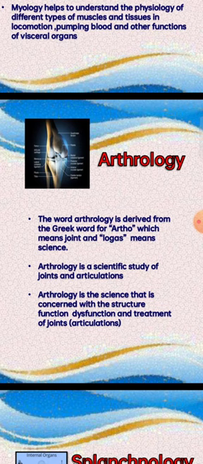The word arthritis relates to the joints. The word arthrology is derived from the Greek words arthron, which means joints, and logos, which means science. So the word arthrology consists of two words, arthron and logos. What is arthron? Arthron means joint.